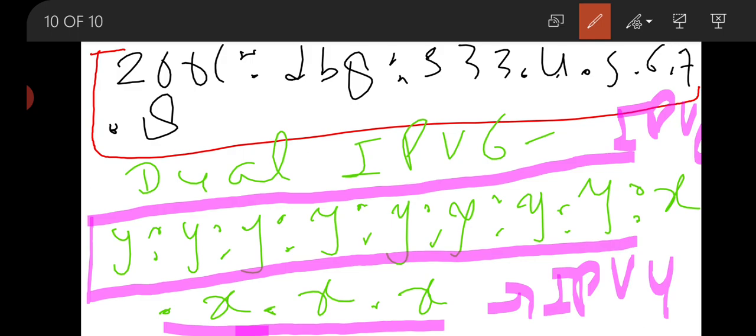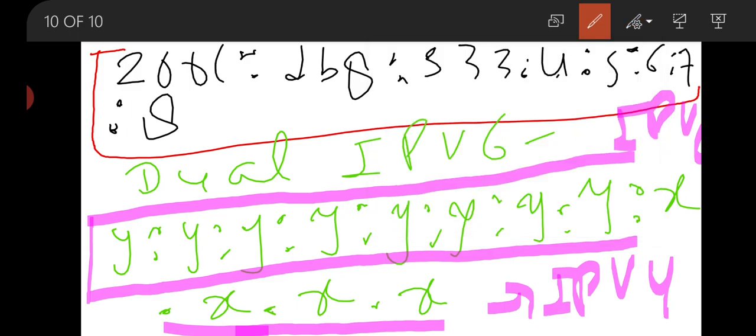Now if we look at an example, in this address we see that the IPv6 parts are all separated with colons, not dots.